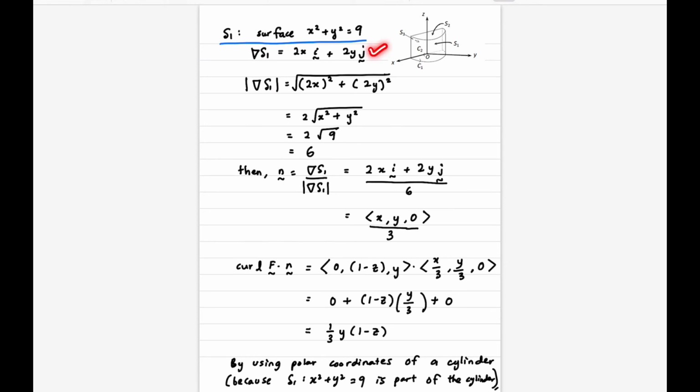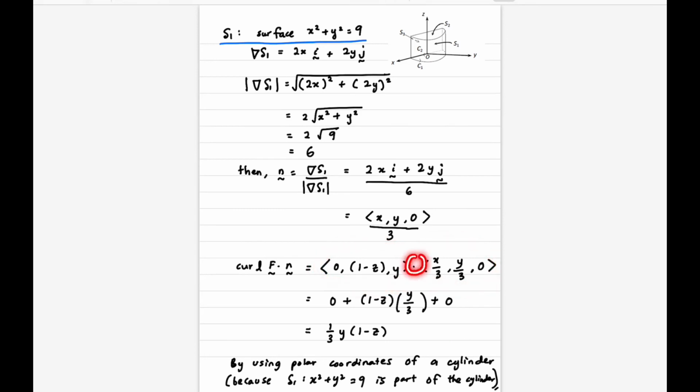So this is your del S1, and then you can find the magnitude. You will get 6. So your n will be (x, y, 0) over 3. And then find curl f dot n. This is your curl f, and this is your n.